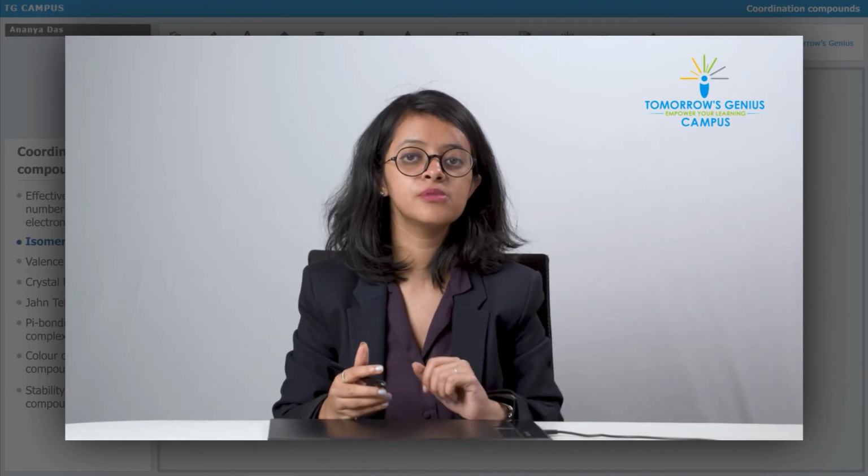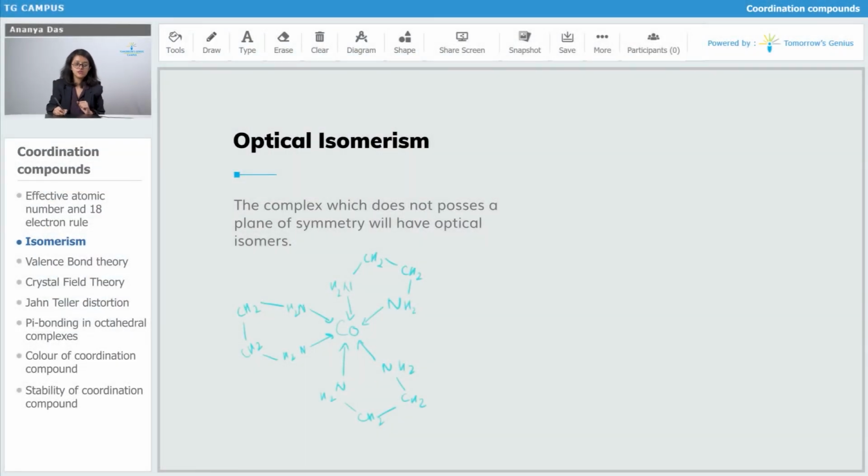So even if you put the mirror image on top of it, you can still see the original hand or original complex. Then that mirror image is said to be non-superimposable. Those two sets of compounds or complexes are called non-superimposable mirror images.